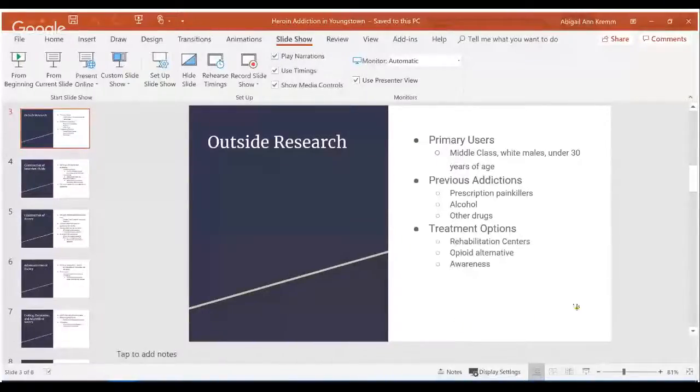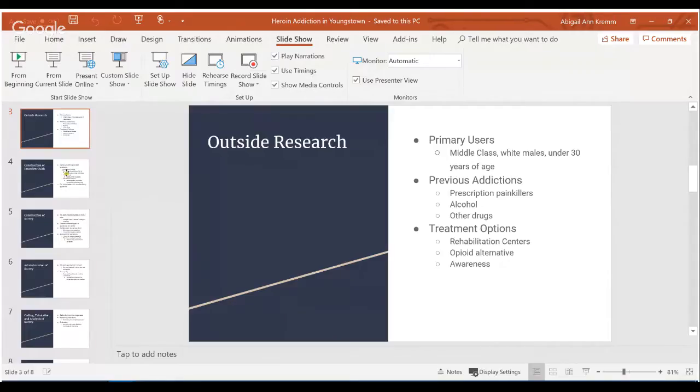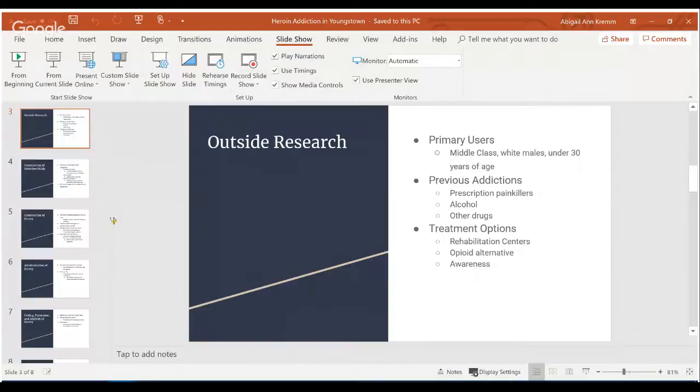I'm gonna hit stop sharing. And I'm going to go back in and reshare again. Okay. Do you see it? Yes. Perfect. Okay. Do you want to try moving to the next slide to see if it'll work this time? Oh, do you not see outside research? I see it, but I just want to make sure the problem's fixed before. Okay. Construction of interview guide? No, it's still only showing outside research. Gosh darn it. Okay, we'll just go back and forth between each. Okay. That'll work.